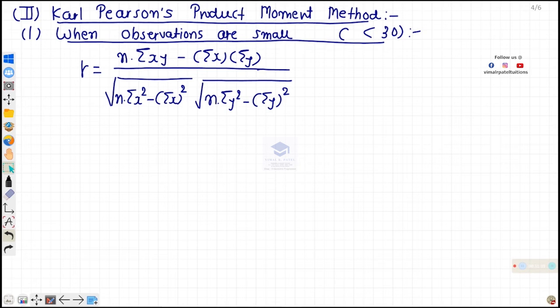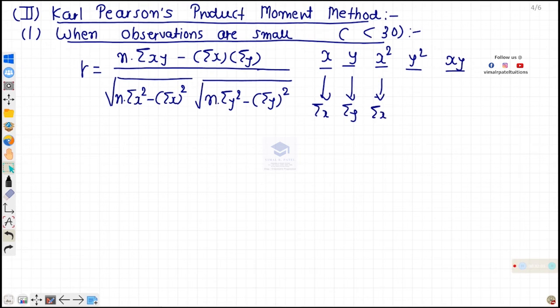So if in your sum it is given like this, x and y, then you have to prepare another 3 columns: x square, y square and xy. Total of this is sigma x, sigma y, sigma x square, sigma y square and sigma xy.